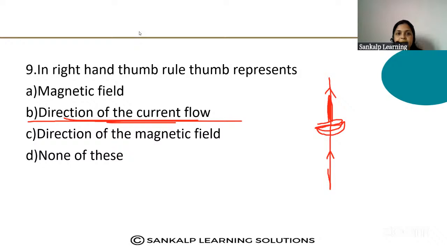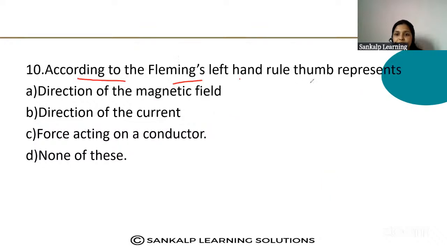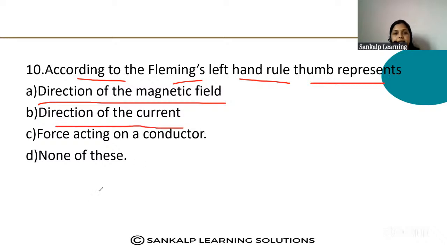Next question. According to Fleming's left hand rule, the thumb represents the direction of the magnetic field, the direction of the current, the force acting on the conductor, or none of these. The three fingers should be perpendicular to each other.